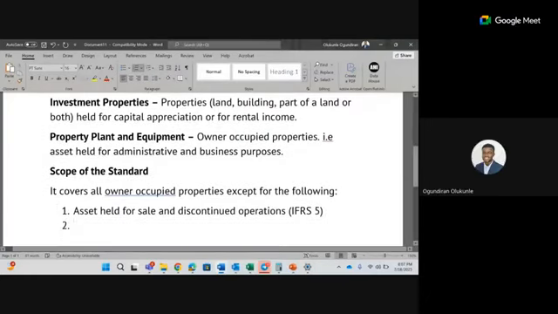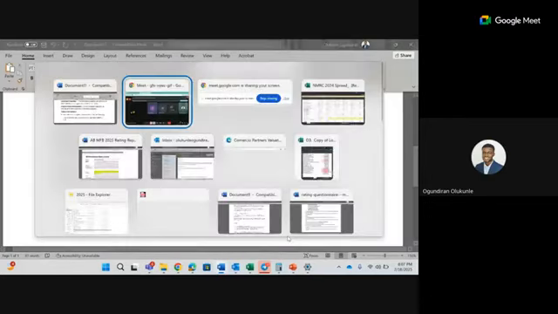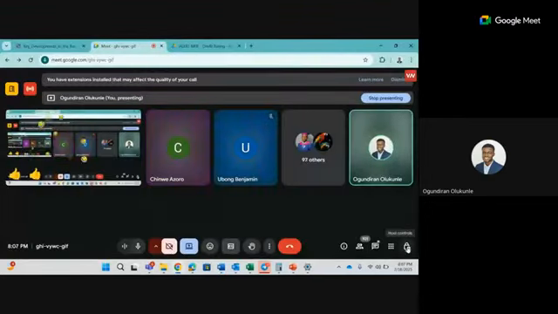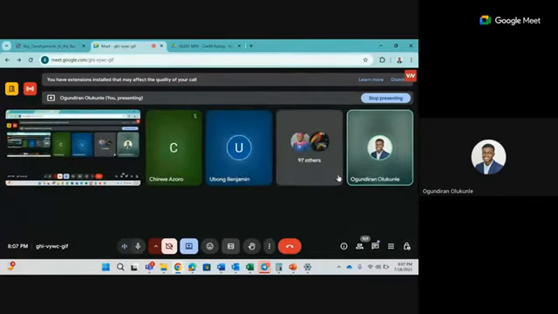Please mute your mic so that we'll be able to hear clearly. I don't want to mute everybody so that I can get reactions. But please mute your mic if you're not speaking to me.